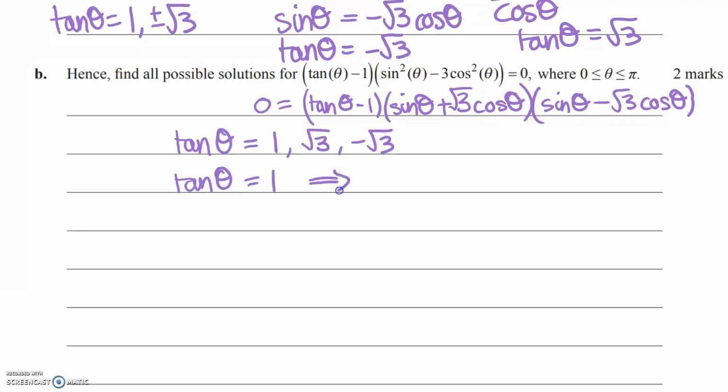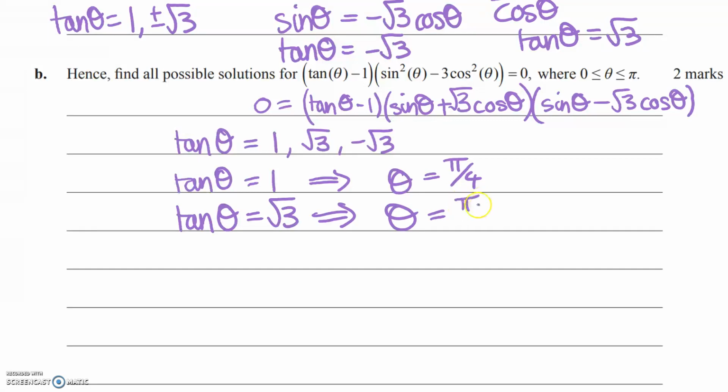This implies that theta is equal to pi by 4. Tan theta being root 3, well in this range, implies that it's equal to, I'm just burning my brain now, it's pi by 3.